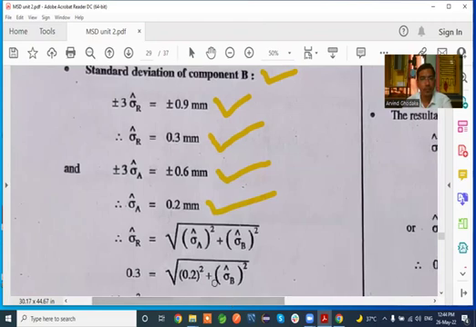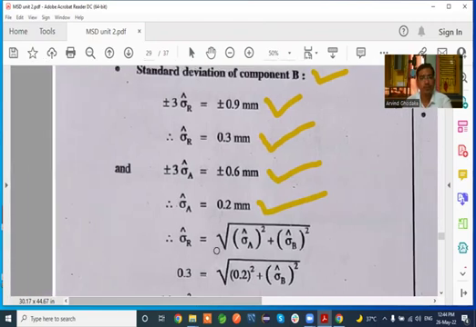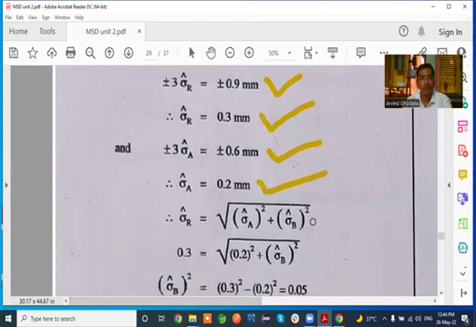Now, the resultant standard deviation is always equal to the square root of the sum of the squares of the standard deviations of component A and component B. So we have the value of sigma r, which is 0.3. Then we have the component A standard deviation, 0.2.